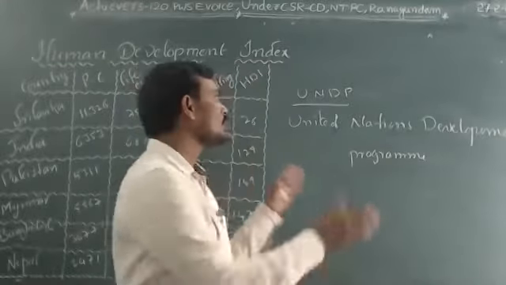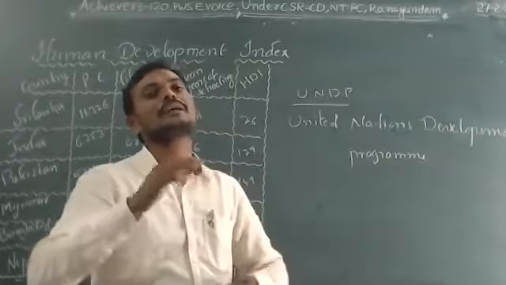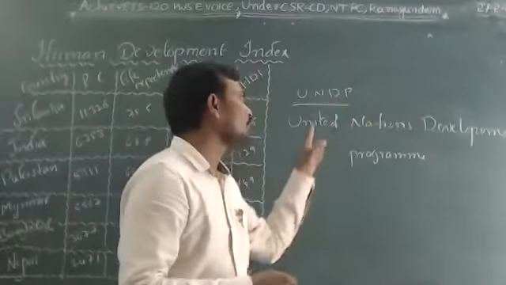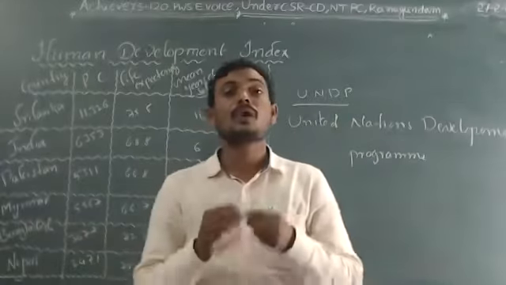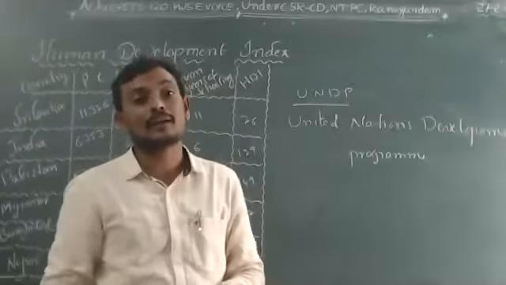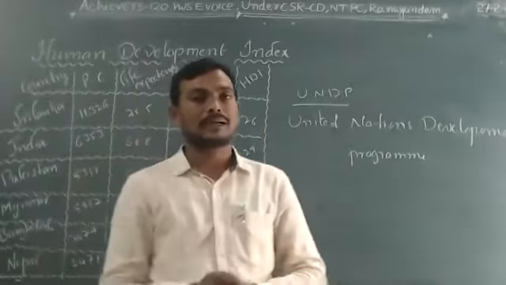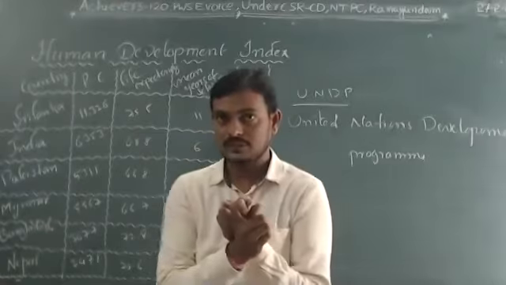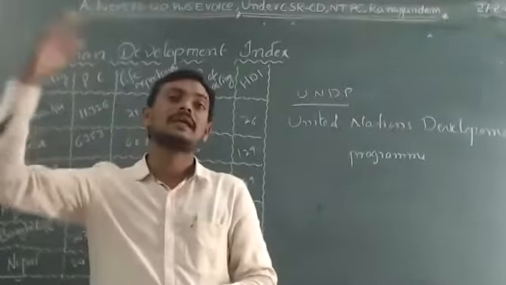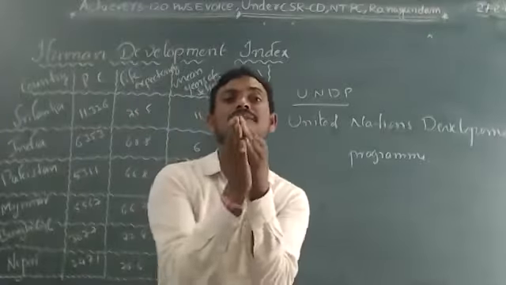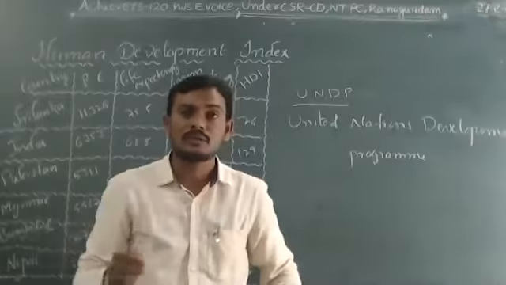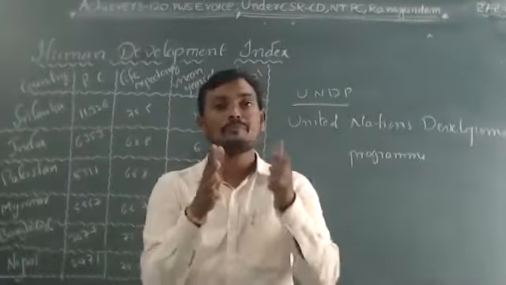UNDP takes data from countries regarding their human development. The Human Development Index is brought out by UNDP. According to this index, countries are classified based on not only per capita income but also health and education. Health and education are given much more priority nowadays than income. As we discussed in the previous class, the World Development Report is brought out by the World Bank.